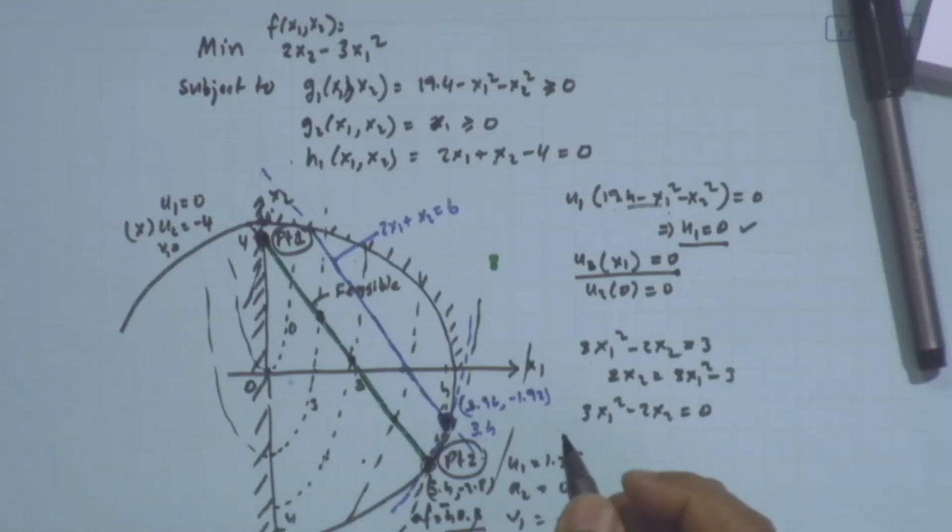The intersection point which we were discussing turns out to be x1 equals 3.96 and x2 equals minus 1.92. And have you computed the function value there? Just calculating it. Do the minimization one: 2x2 minus 3x1 squared.